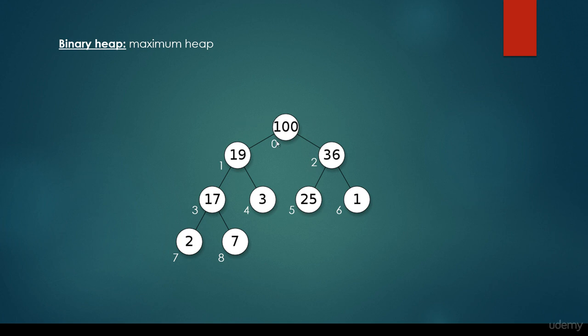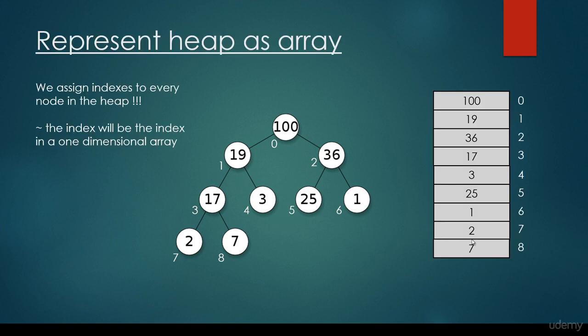That's why we are able to assign the array indices from left to right on a line-by-line basis. And then we just have to construct this array, and the 0 index is going to be the 100. The left child is going to be the 19 with index 1. Then 36 is the right child with index 2, and so on. So basically we assign indices to every node in the heap, and the index will be the index in the one-dimensional array. This is how we represent the tree-like structure with the help of a one-dimensional array.